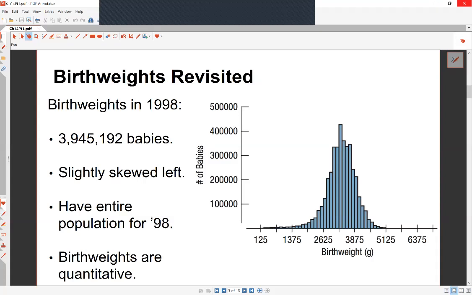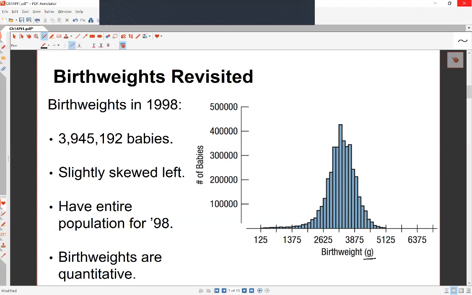You can see the tail of the histogram to the left is definitely longer than the tail going to the right. But this histogram represents every single birth weight from the year 1998. And birth weights are a quantitative variable. In this instance specifically, we're looking at birth weight measured in grams.